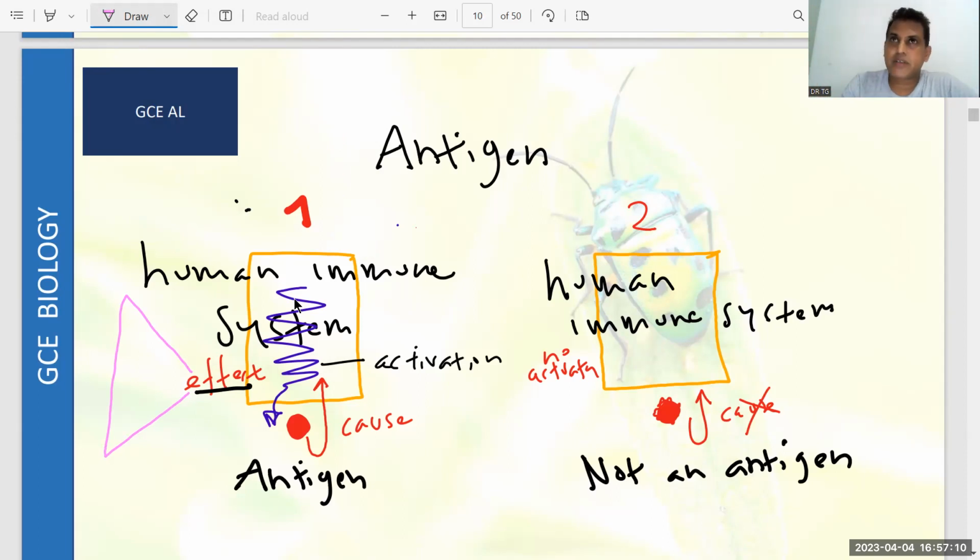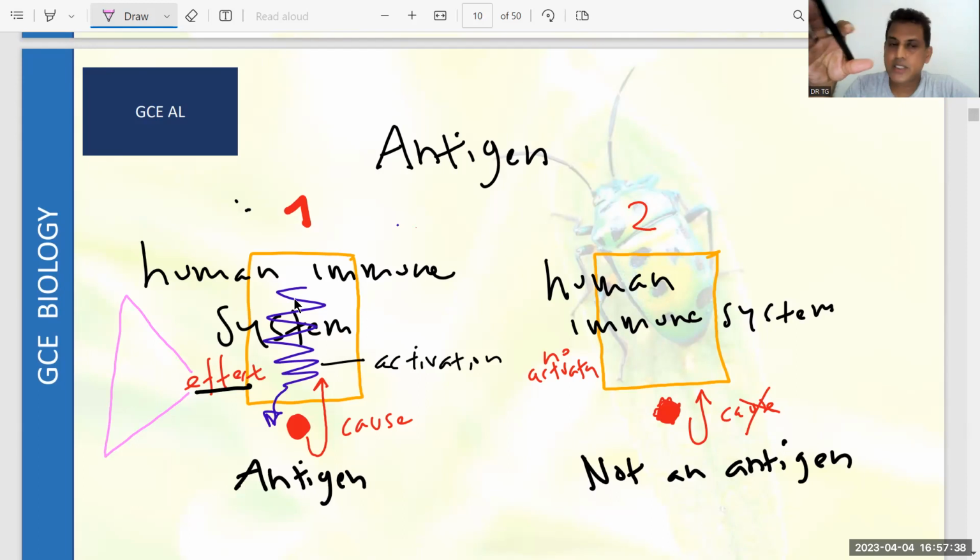And how can we measure it? We can find many different activations of the immune system. I mean, it's a complex process and it has many parts.